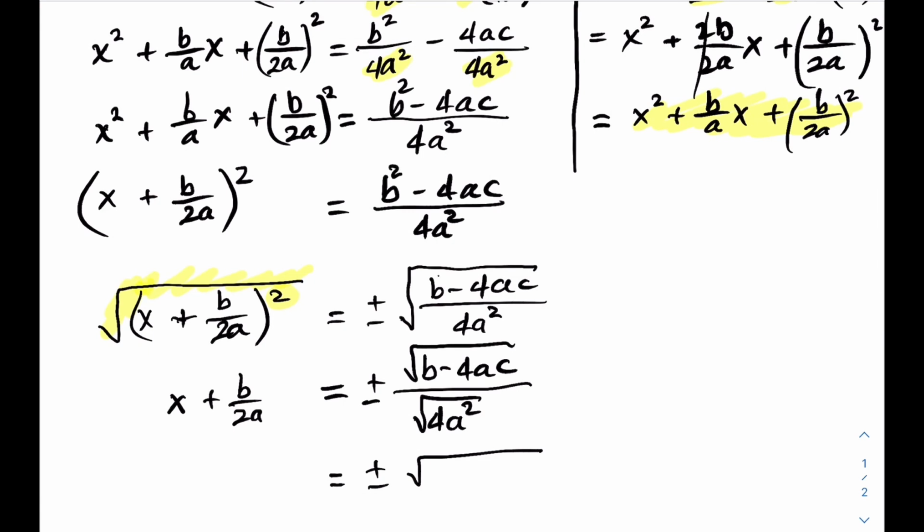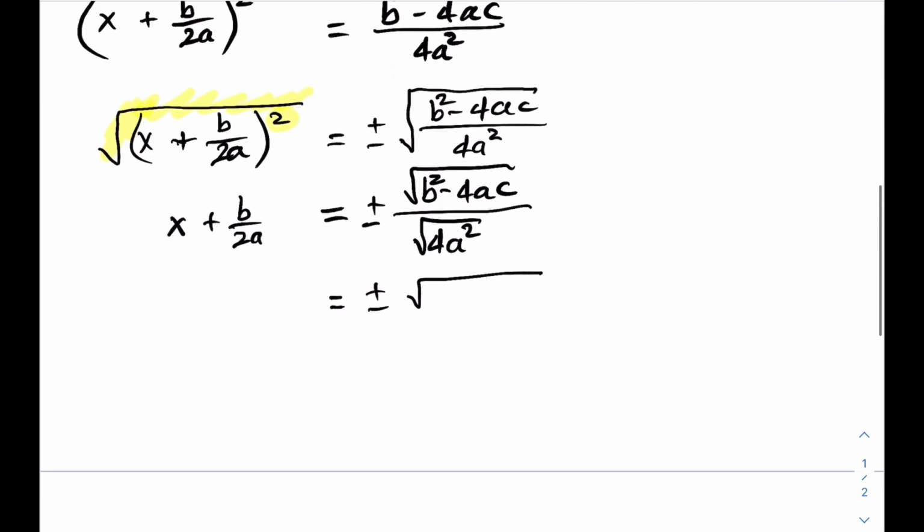Oh, I think we forgot the square here. Square root of b squared minus 4ac, all divided by the square root of 4, which is 2, and the square root of a squared is a. Rewrite this.